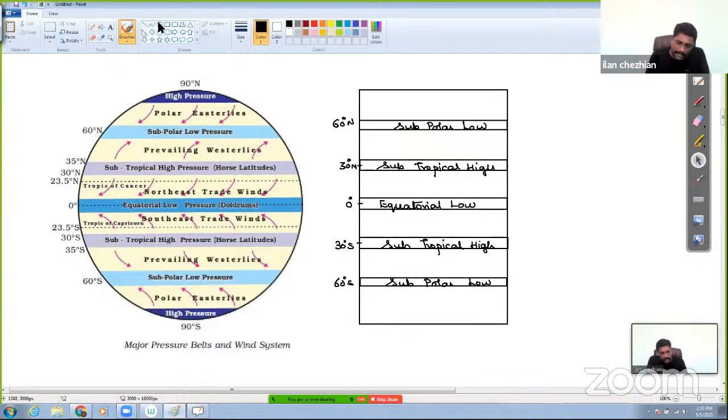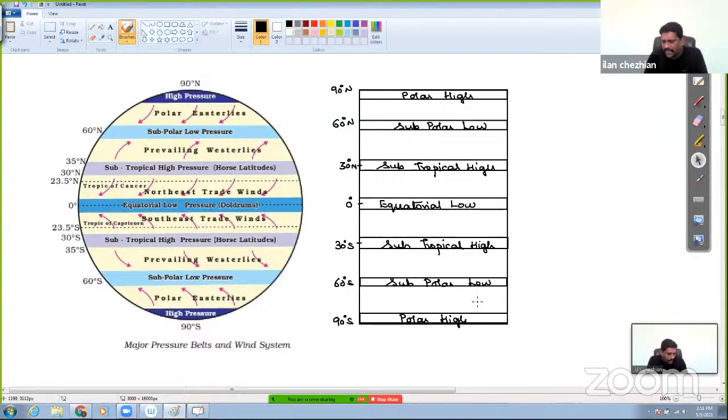And at 90° north and 90° south, what you have is polar high, my friend. So these are the 7 pressure belts that we have.